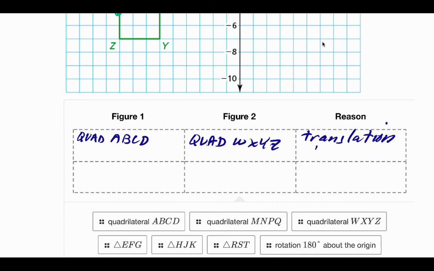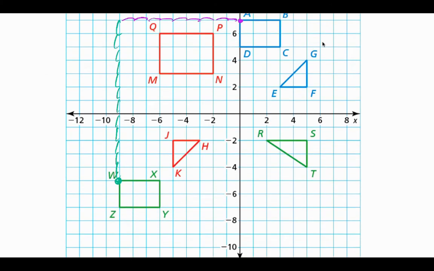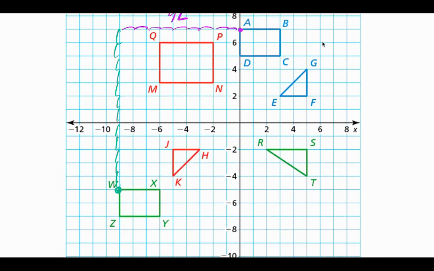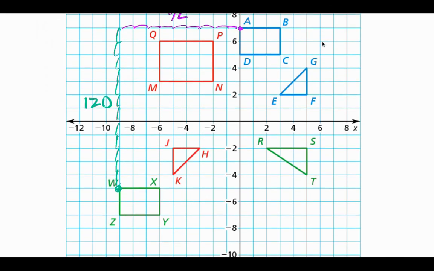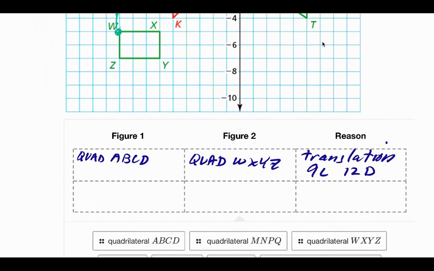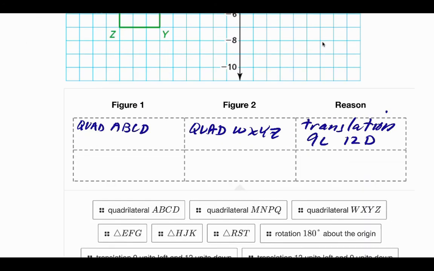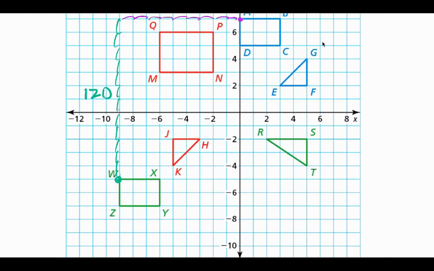We did 9 left, and then we went 12 down. All right. So I guess I should have put the 12 down there. All right. So we know on that one that works. So with the other one, if you notice, we didn't have a dilation there. So that's why I didn't even consider the bigger quadrilateral.